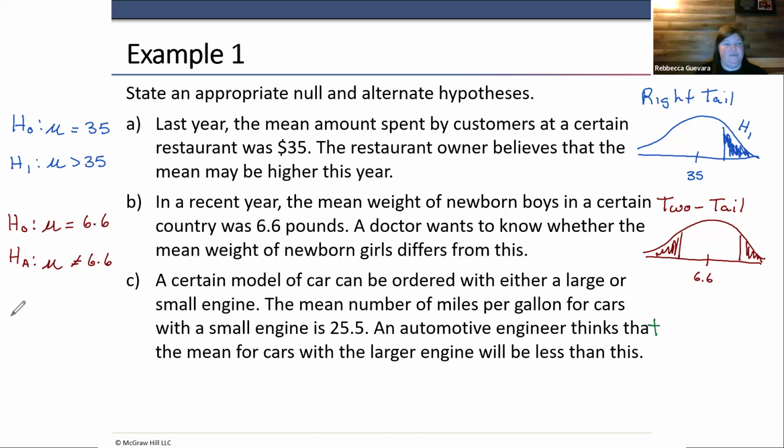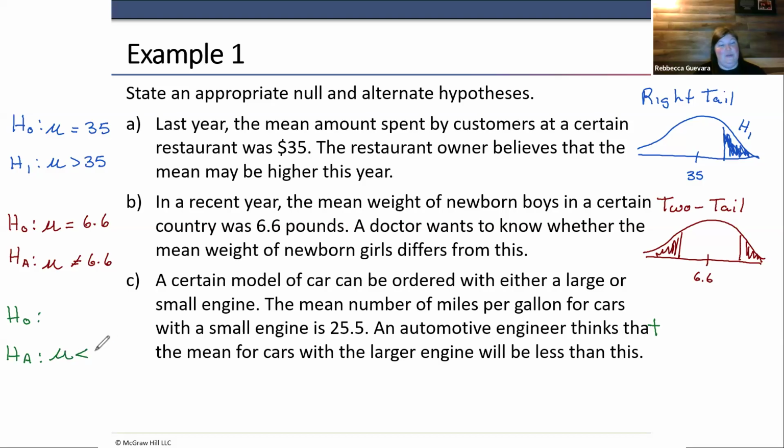Makes sense. So once again, we're just comparing two populations. So automotive engineers think that cars with larger engines are going to have a smaller mean miles per gallon, meaning the alternative hypothesis is where we see change.